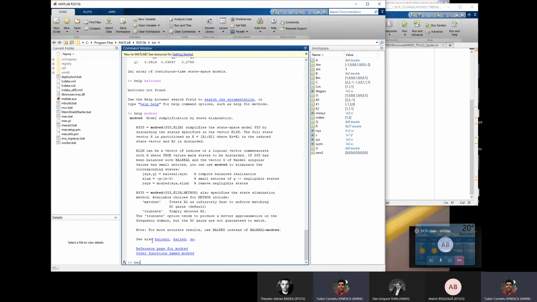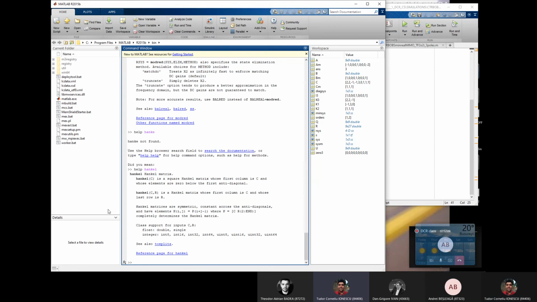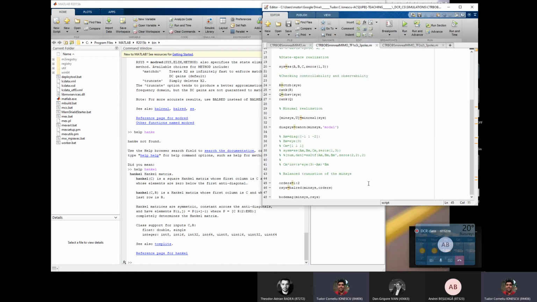Help Hankel. Hankel square matrix, tuplets. Now this is about Hankel matrices. It's not very difficult because you can compute. For min sys, we need to compute the controllability Gramian and the observability Gramian.